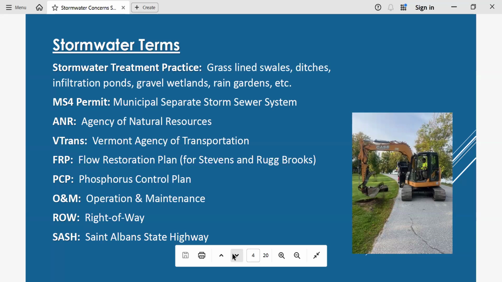FRP, the flow restoration plan, I already talked about those a little bit, and the PCP, the phosphorus control plan. O&M will stand for operation and maintenance. It's like, after these things are built, who's going to operate and maintain them. With discussions with the select board, it's pretty clear to us that if we take them over like this one and roll it into our MS4 permit, we will be responsible for operating and maintaining it.